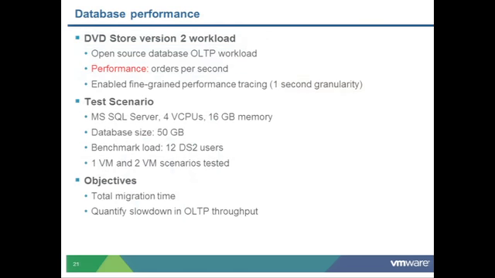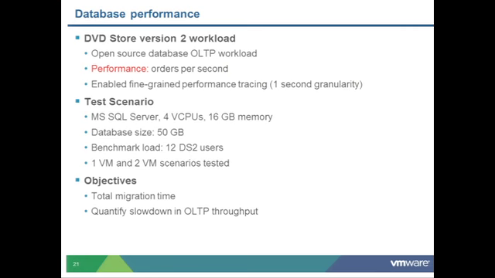So I guess having already looked at the web server data, let's look at database performance also. Here, as you can see in the slides, we're using DVD Store. It's an open source DS2 benchmark, and performance is measured in terms of orders per second. And we also, once again, enabled fine-grained performance tracking, so the clients report the performance data every 1 second.